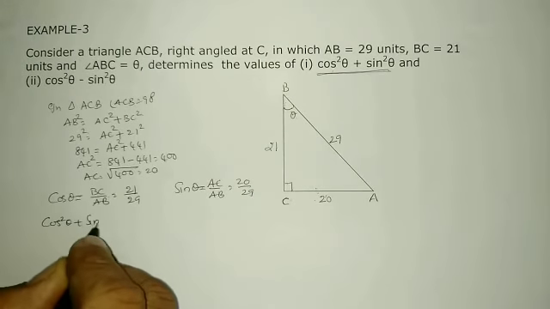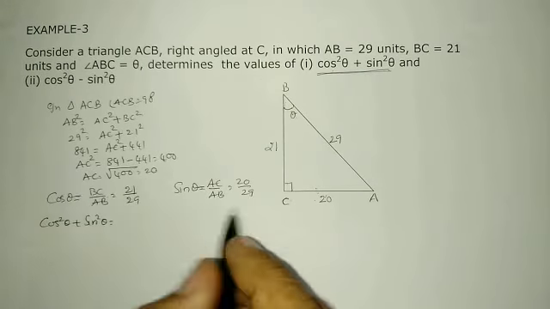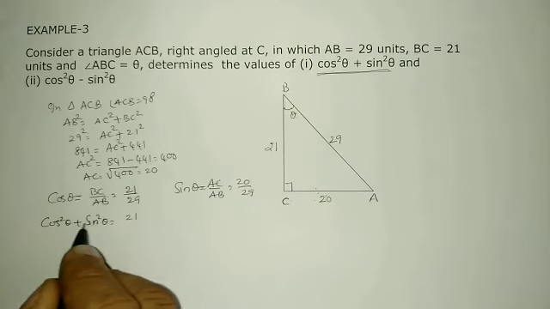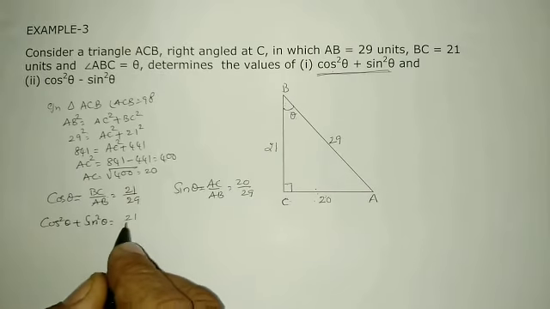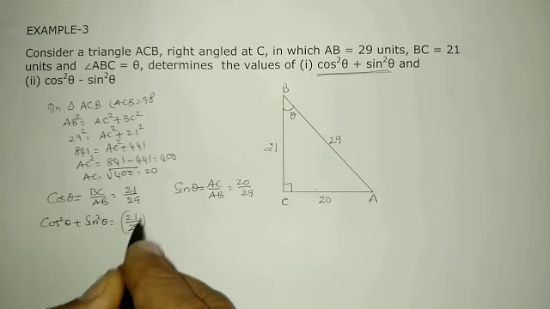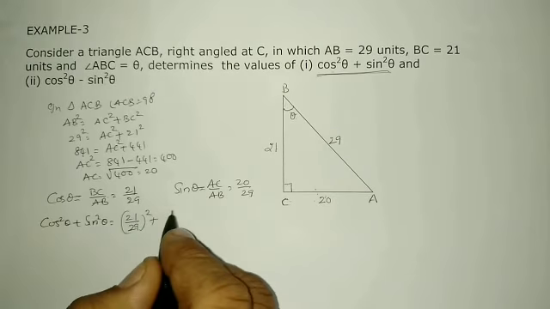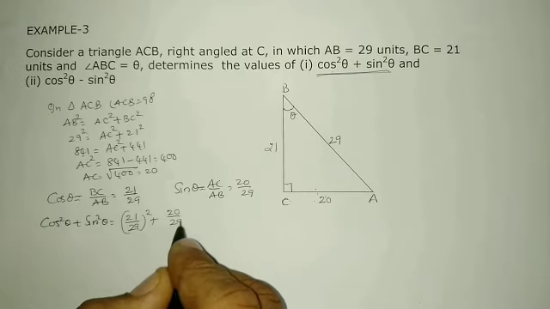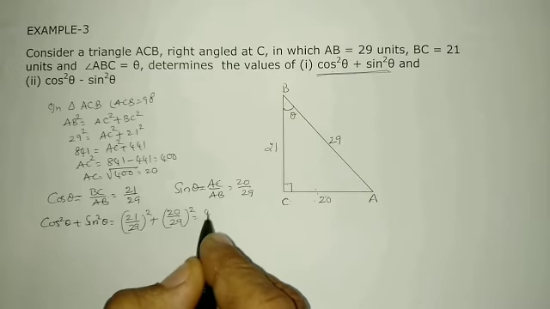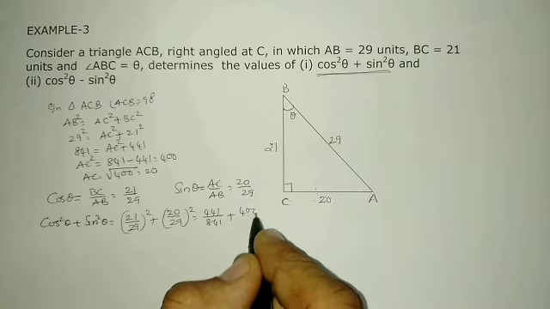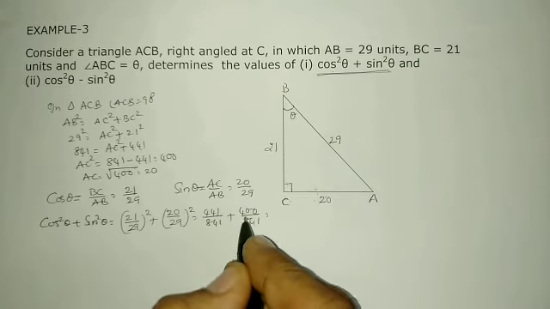Now we are going to find the value of cos square theta plus sin square theta. Cos square theta plus sin square theta equal to cos theta, 21 by 29. Cos square theta means cos theta whole square, plus sin square theta means sin theta whole square. What is sin theta here? 20 by 29 whole square. 441 by 841 plus 400 by 841.